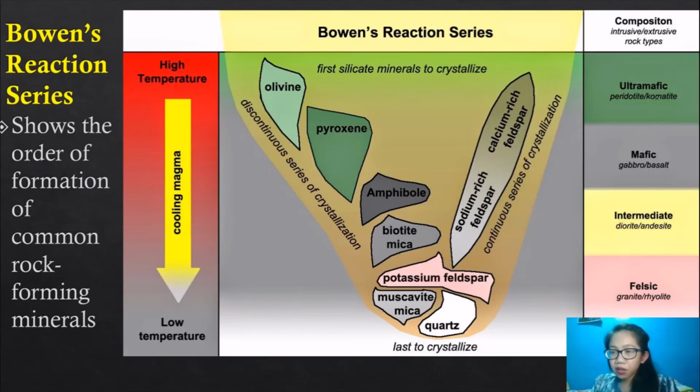Then on this part, you should see the composition of the rock types. So for example, ultramafic, then most likely it contains either olivine or calcium-rich feldspar. Okay, then if it's mafic, then it contains some calcium-rich feldspar or pyroxene.